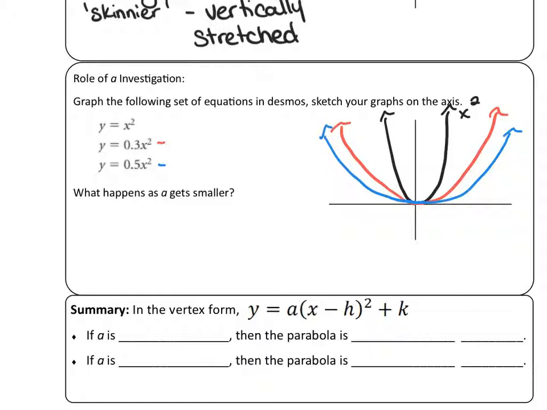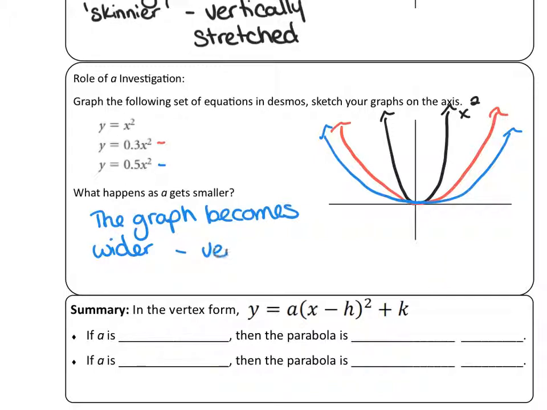So what happens as A gets smaller is that the graph becomes wider. Or in this case, they would say it is vertically compressed. So the smaller it is, the more compressed it is, or the wider it looks.